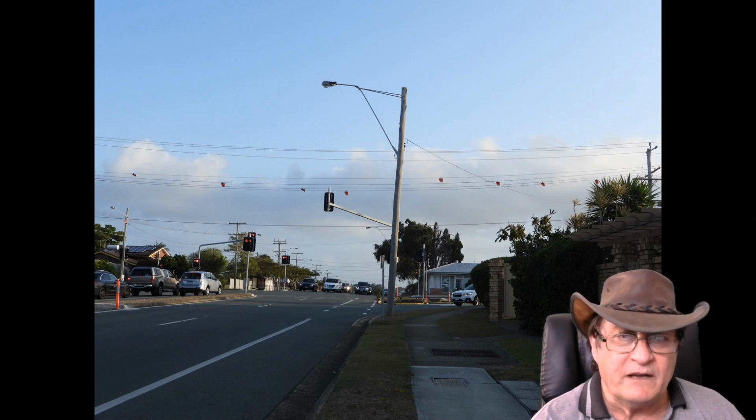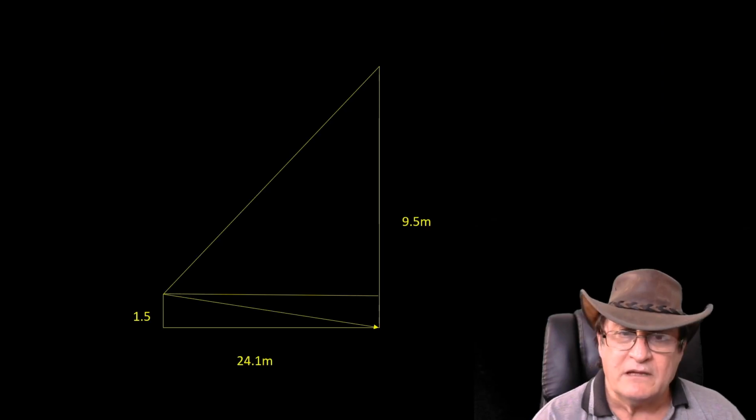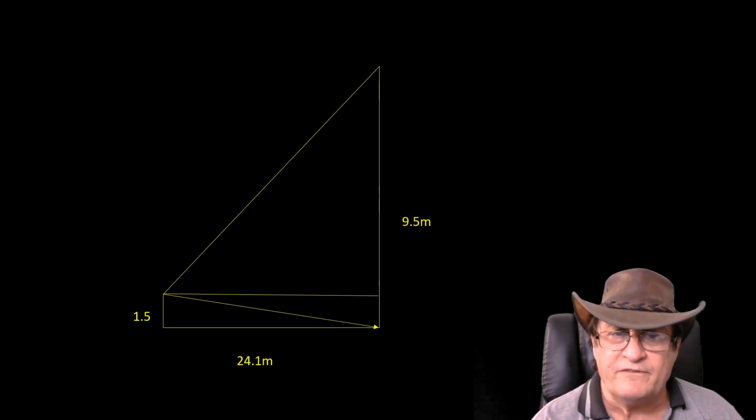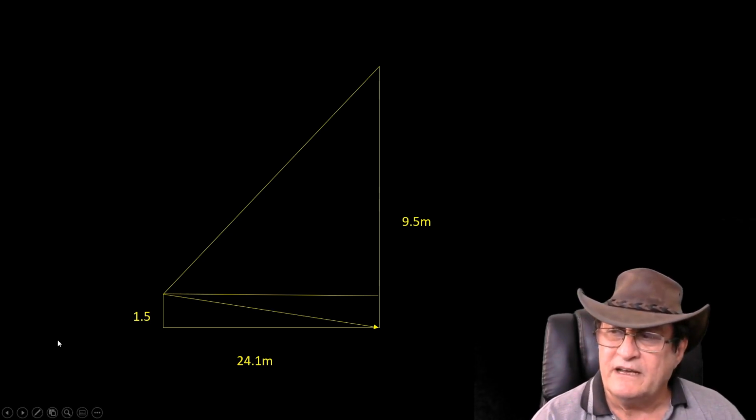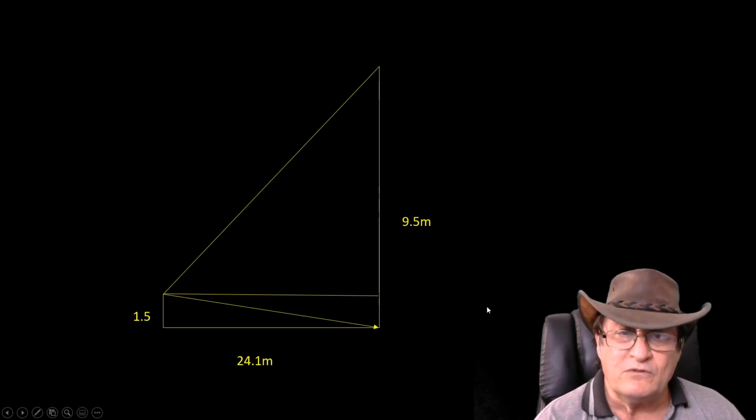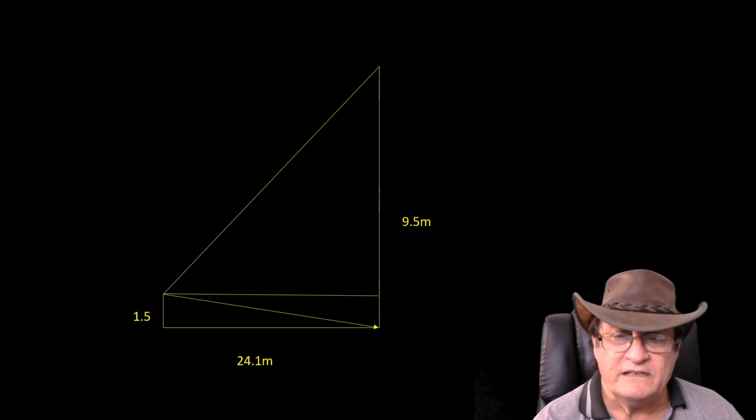And I took my photo and made a measurement from the photo as well. Because I was not going to lie on the ground to take this photo, I took it from about 1.5 metres in height, and I worked out that the height of the pole to the light is about 9.5 vertical metres.